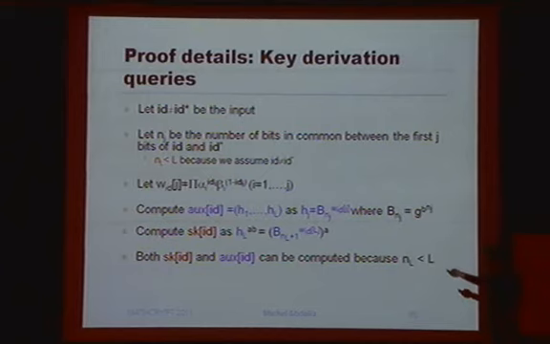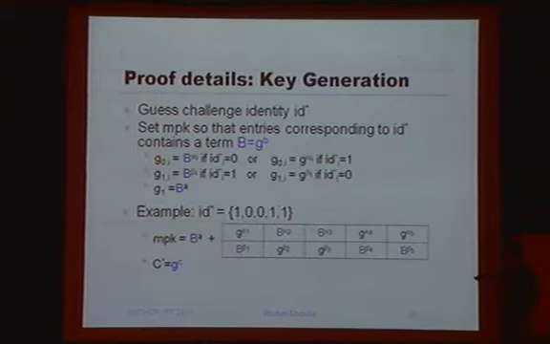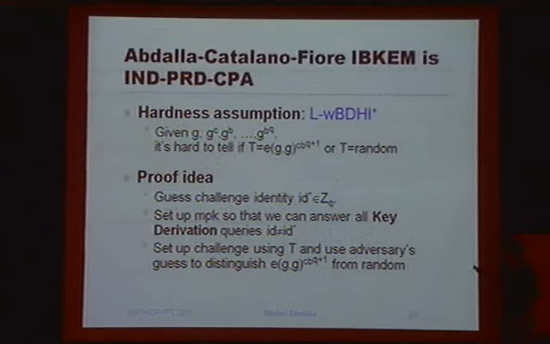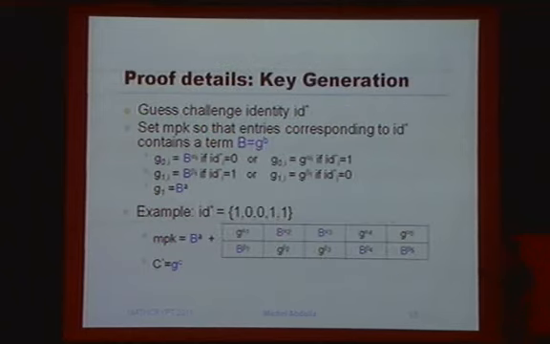We can compute this because MJ, for any value here, is less than L. And B_n are the inputs that we received, so B1, B2, up to BQ, is g raised to the b^Q. So we know all the values B1 to BL to BQ, but we don't know BQ plus 1, for instance.